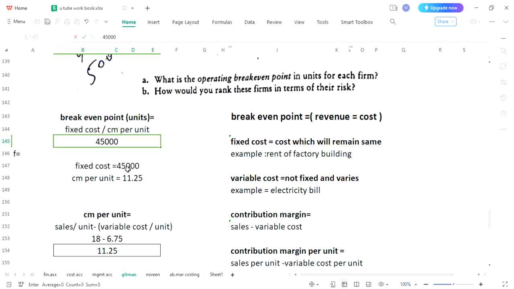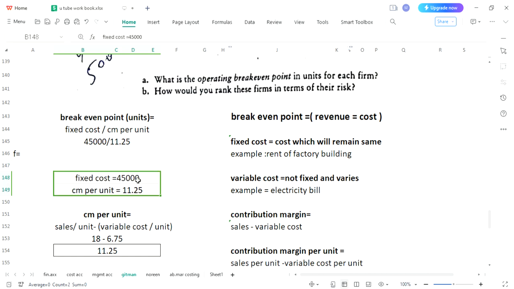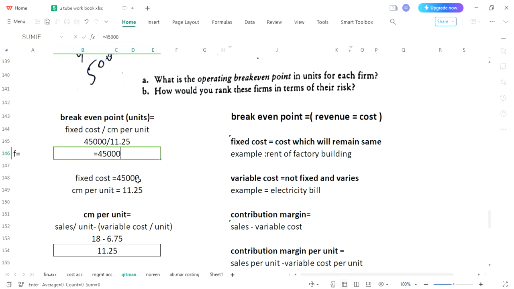Instead of going back to the question, we have mentioned over here, and CM per unit was calculated 11.25. So our statement has been completed.